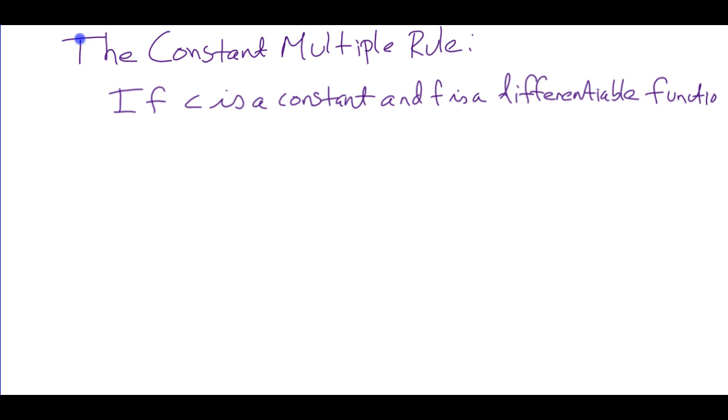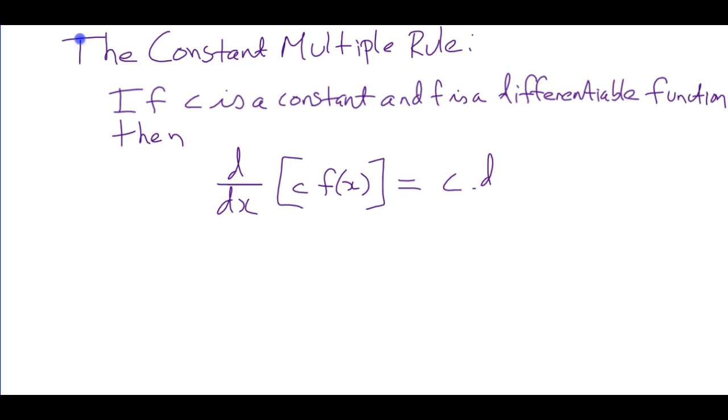If c is a constant and f is a differentiable function, then d by dx of c f of x, so if we have some constant times a function, is simply equal to c times the derivative of the function. In other words, you can pull the constant out and just do the derivative.